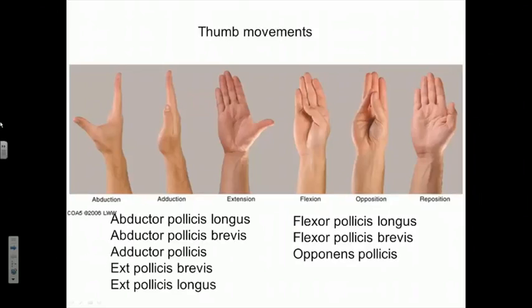Here we see first, over on the left side of this picture, the thumb being abducted and adducted in the sagittal plane and utilizing two abductors to get the job done, one intrinsic, one extrinsic. The adductor pollicis pulling the thumb back in the anatomic position as well.